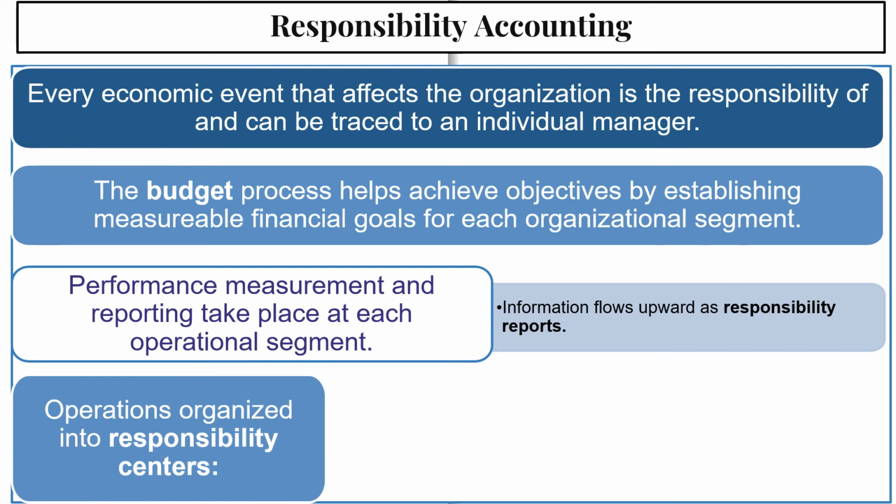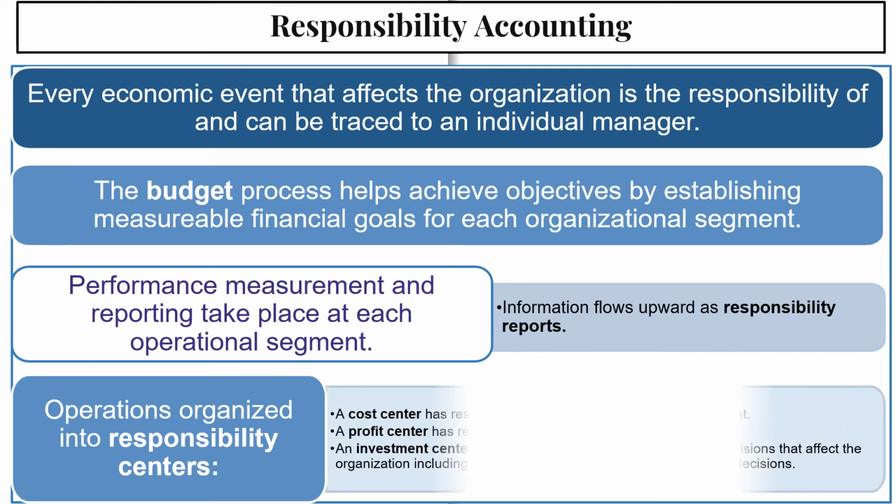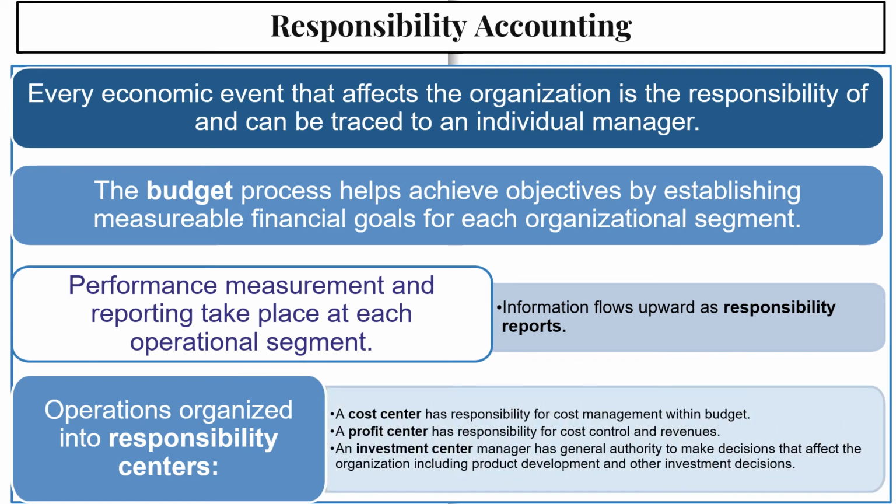Operations are organized into responsibility centers. We have cost centers, profit centers, and investment centers. A cost center has responsibility for cost management within the budget. A profit center has responsibility for cost control and revenue, so it will mainly compare the cost and revenue.